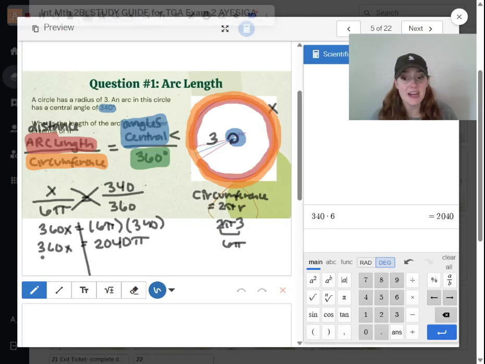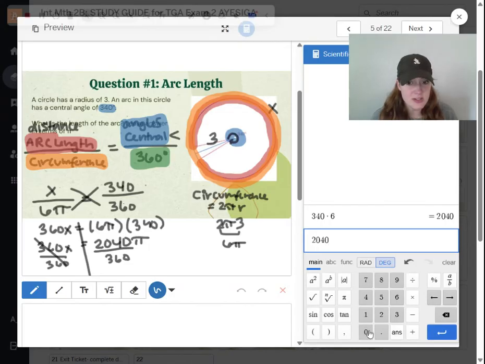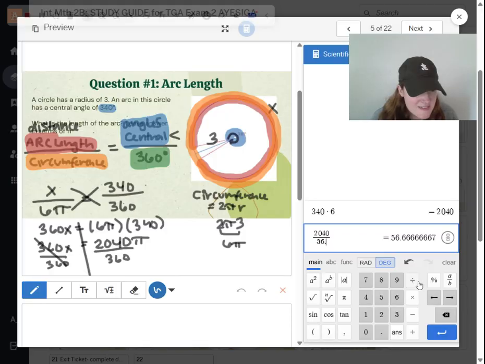Again, our goal is to get x by itself, so we're going to divide both sides by 360. Those will cancel, and let's see what that is in the calculator. 2040 divided by 360. So again, this is in terms of pi. This is the coefficient, and then pi.